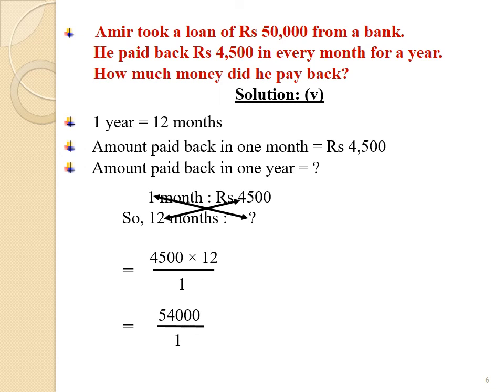Now, dividing 54,000 by 1, we get 54,000. Therefore, the amount paid back by Amir in 1 year is rupees 54,000.